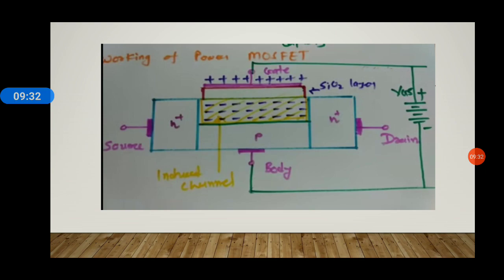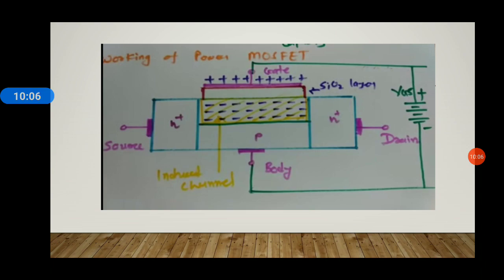This forms the induced channel or the inversion layer, as commonly called. So we can see we have a channel formed between the N plus to N plus layers, which consists of all the electrons, because as N plus layers are highly doped layers, the number of electrons in those layers is higher. So we form a path of electrons there.